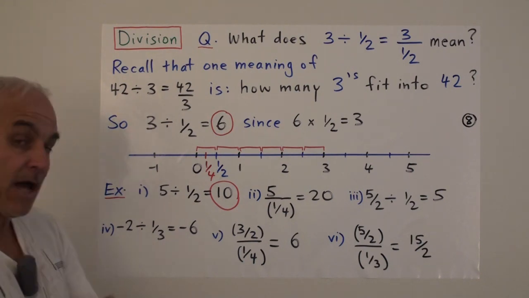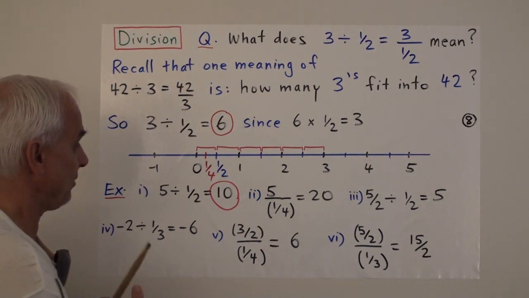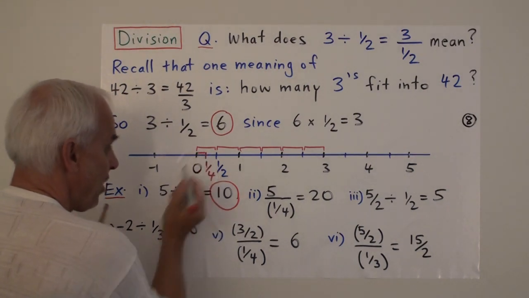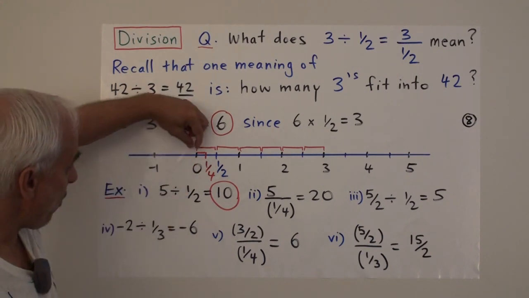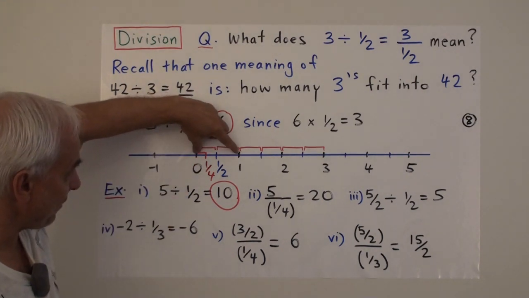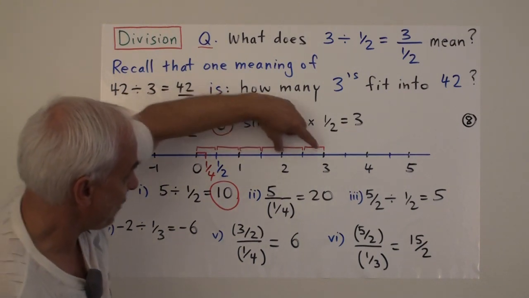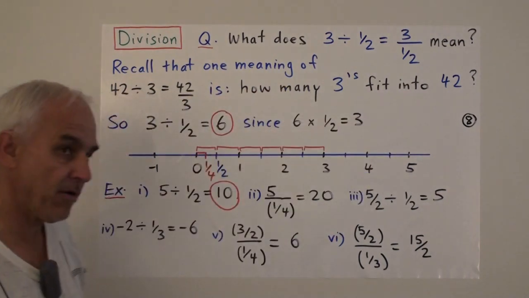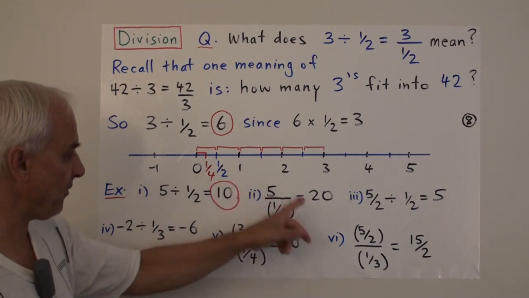Can you figure it out from this diagram? How many of these little segments, now only this long, fit into 5? Well, let's make it simpler by saying, 4 of them fit into there. So 4 of them there, another 4, another 4, another 4, another 4. Altogether, 5 times 4, 20.